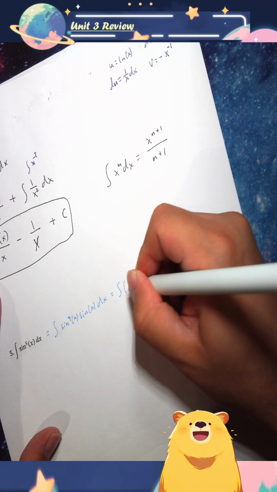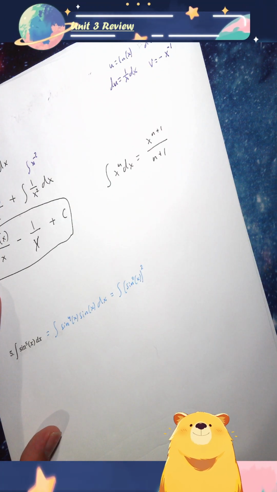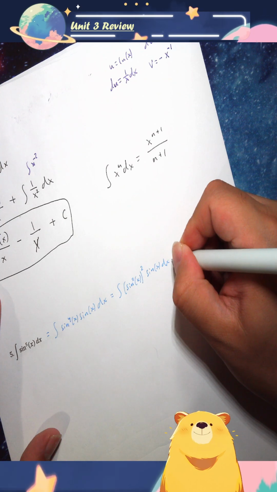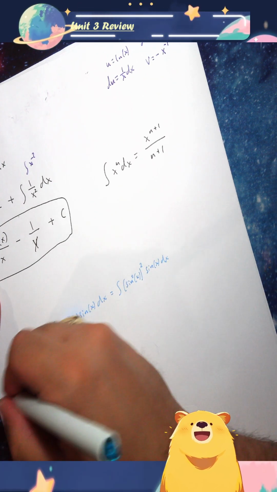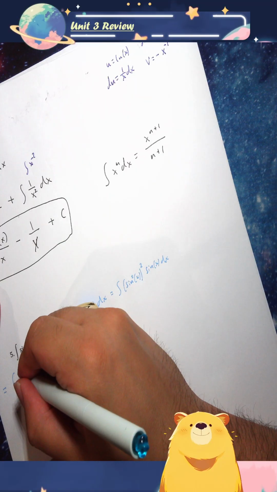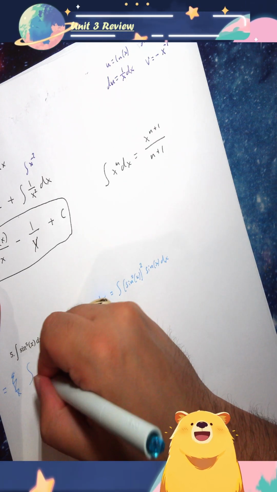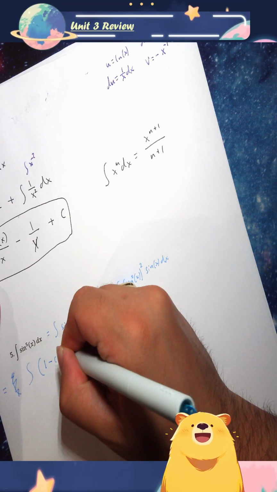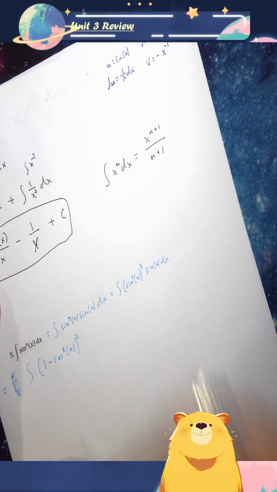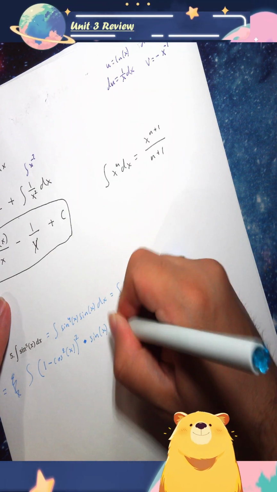Technically, we can rewrite this as sine squared of x, squared, times sine of x dx. And then we rewrite this as the integral of 1 minus cosine squared of x, squared, times sine of x dx.